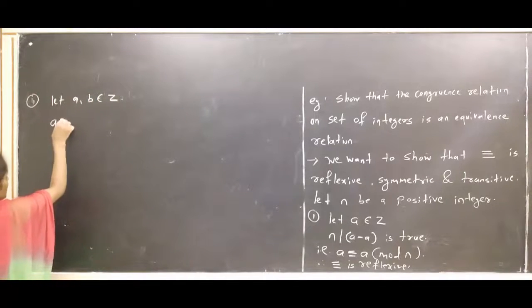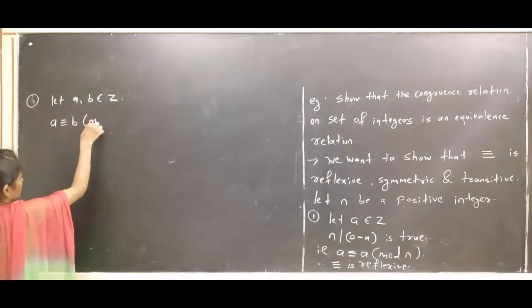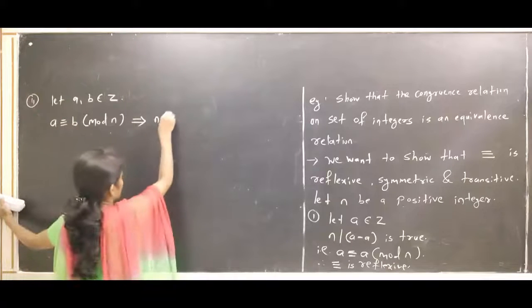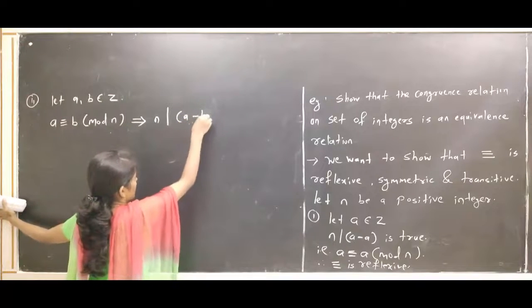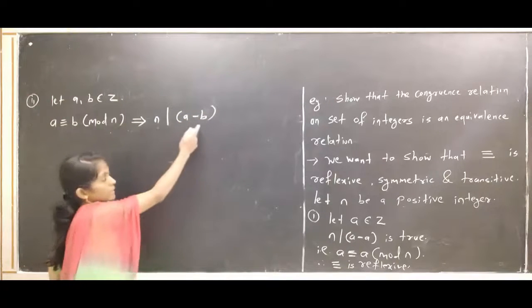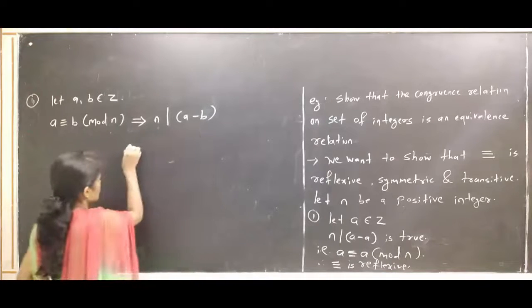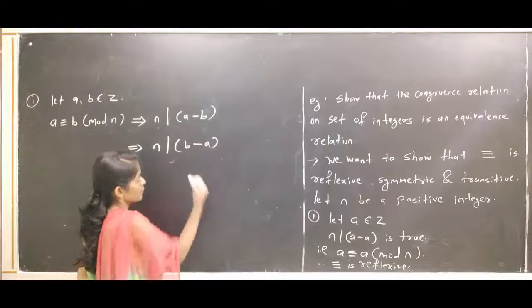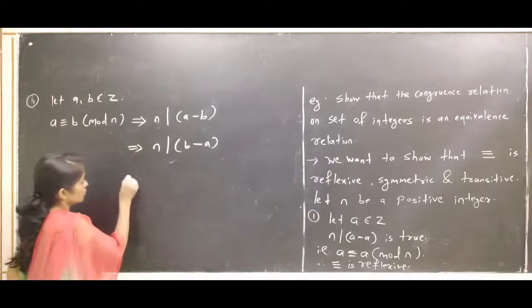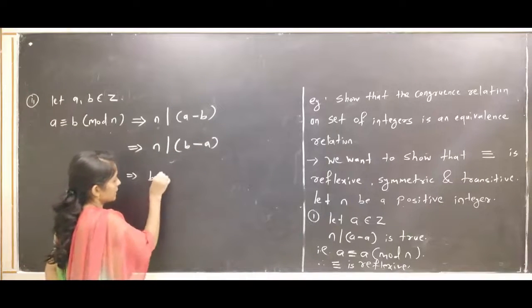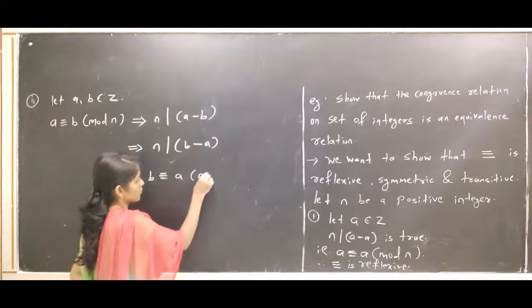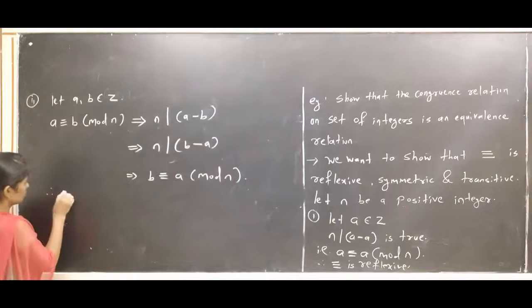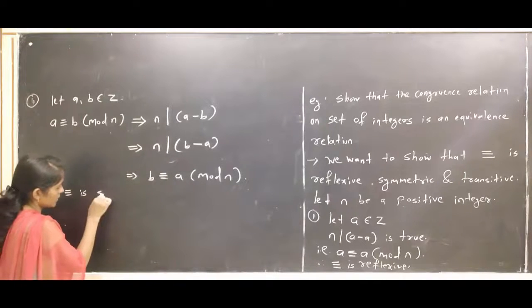So here A congruent to B modulo N. This implies that N divides A minus B. So this also implies that N divides B minus A. Okay. So that means B is congruent to A modulo N.